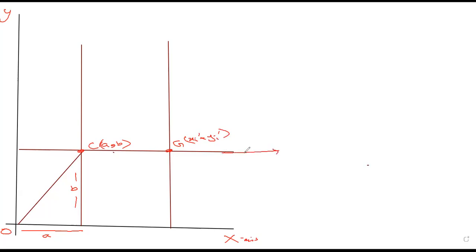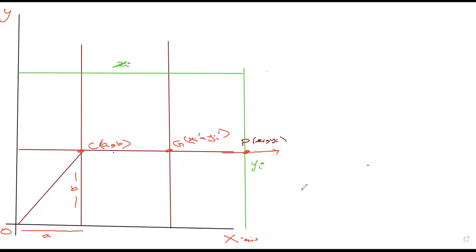And on the same parallel line, let's suppose here is some different point P having xi and yi as its coordinates. This means that this whole distance through P is xi, and this vertical line is yi.